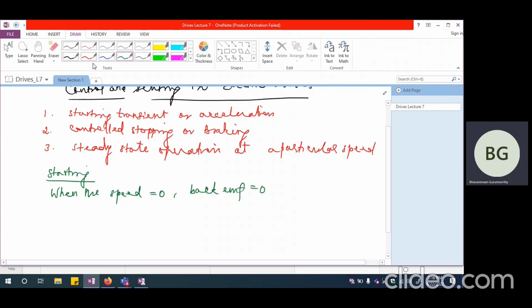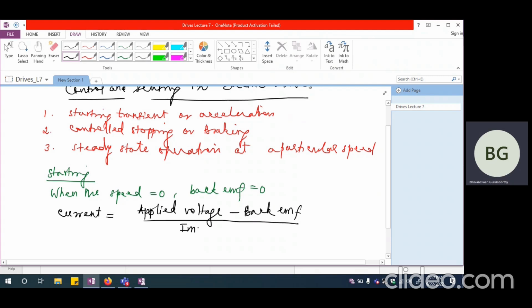And invariably, the current drawn by the armature, or the stator in an induction motor, for example, is going to be whatever is the applied voltage minus the back EMF divided by whatever is the impedance offered by the motor winding.